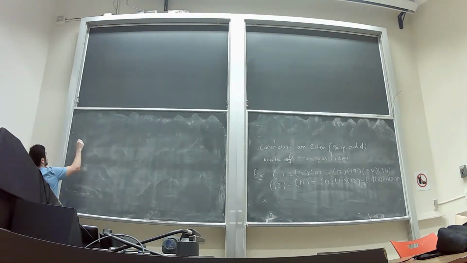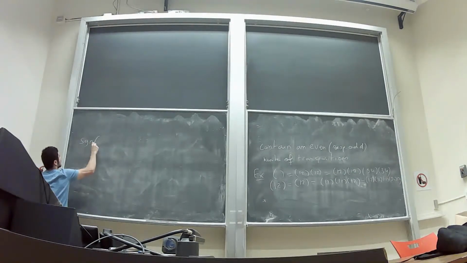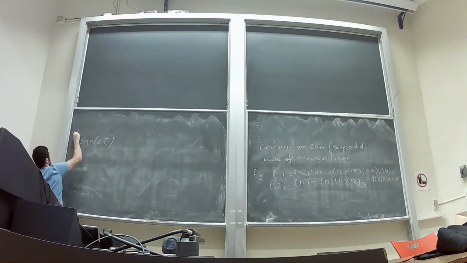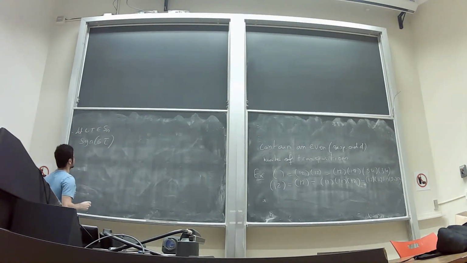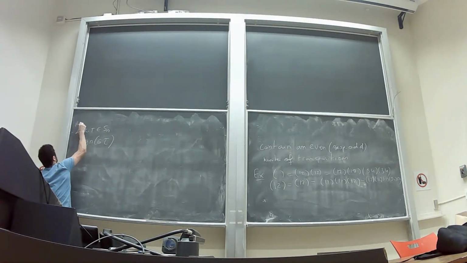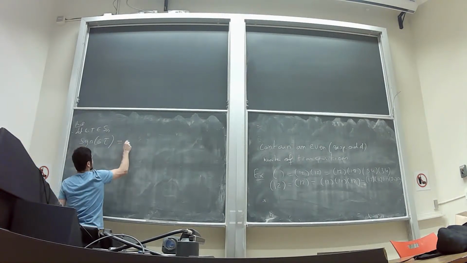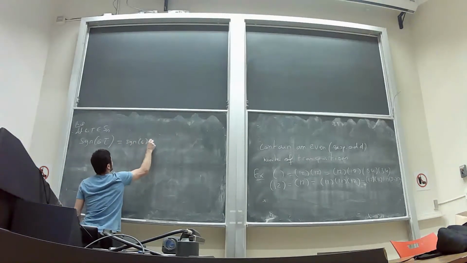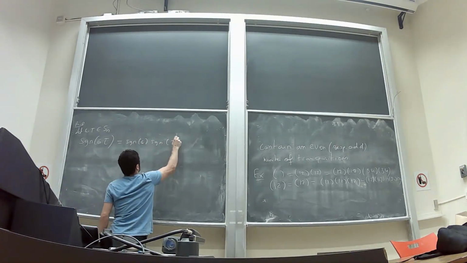Now, the sign of sigma tau property. Let sigma and tau be in S_n. Then the sign of sigma tau is the sign of sigma times the sign of tau.